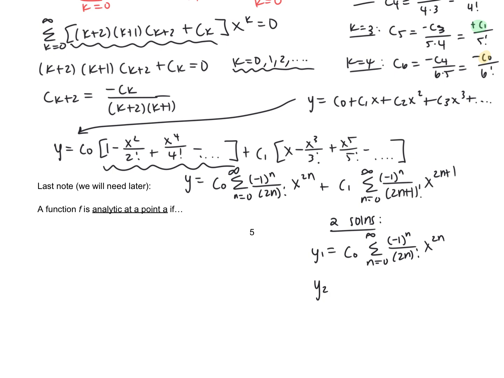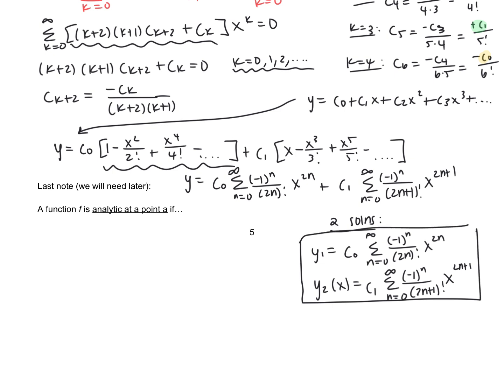And then our second solution, y2 of x, is the sum from n equals 0 to infinity of negative 1 to the n over 2n plus 1 factorial, x to the 2n plus 1. So these are our two solutions. And like I said, they probably look familiar to you. So we can express these differently. We can express y1 as the power series for cosine of x, and y2 as the power series for sine of x.